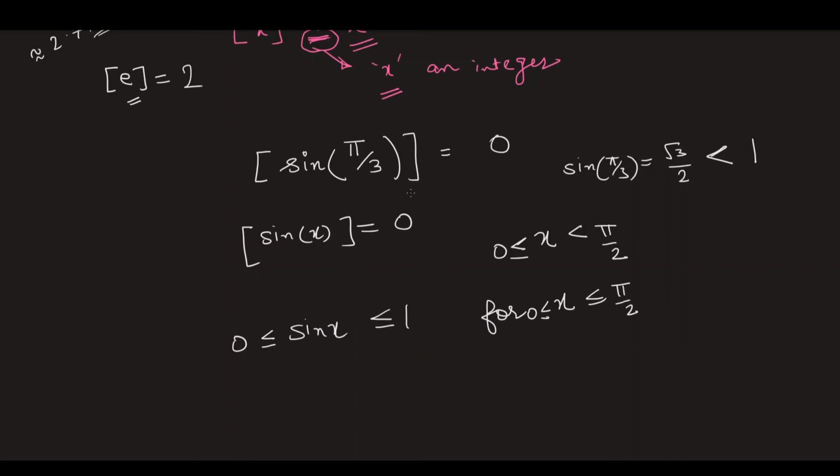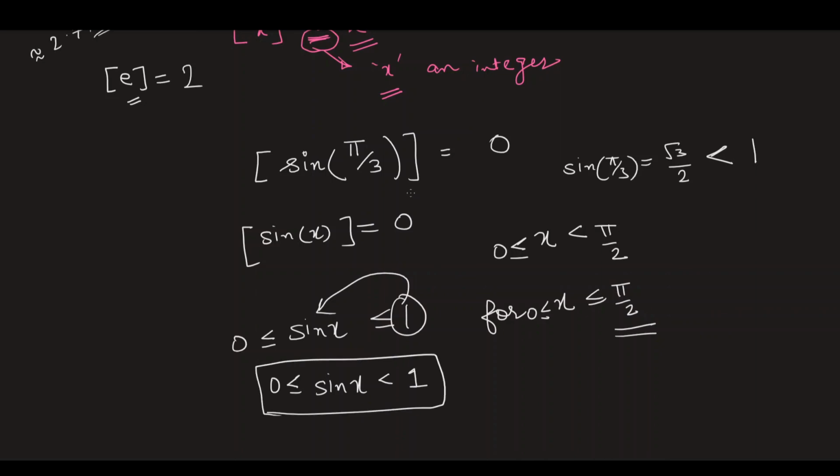The value 1 is actually attained at x equal to pi by 2, but this identity is true for x less than pi by 2 and greater than or equal to 0. Hence if we take a box in this case, it will actually come to 0.